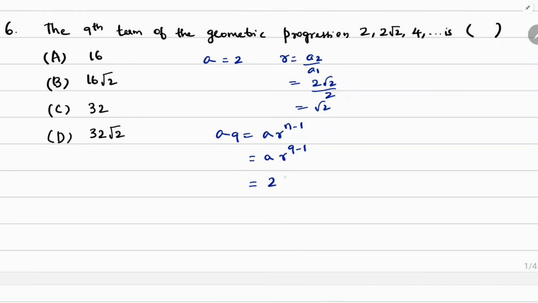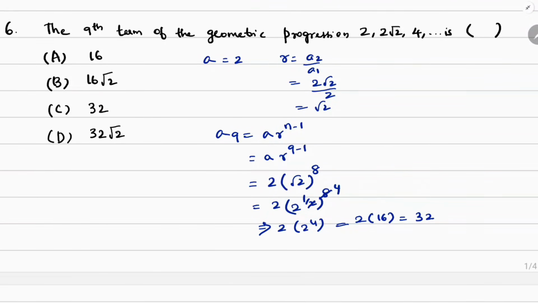A value is 2, r is root 2 whole power 8. So root 2, 8 times, or you can do 2 power 1 by 2 whole power 8, which is 2 into 2 power 4, which is nothing but 2 times 16, which is 32. So the correct option is C.